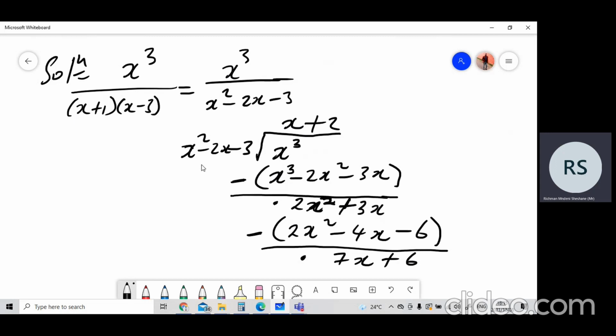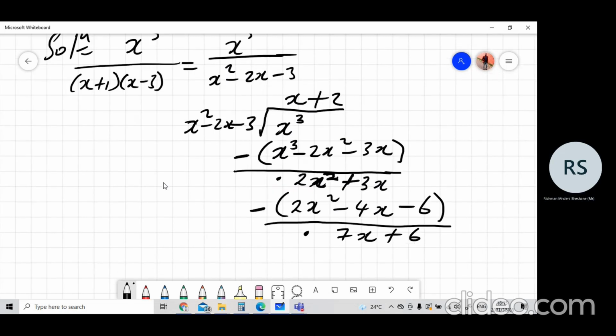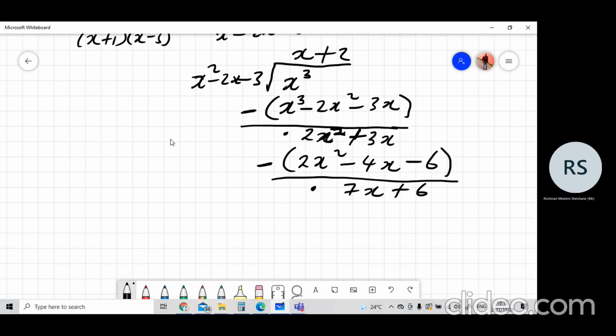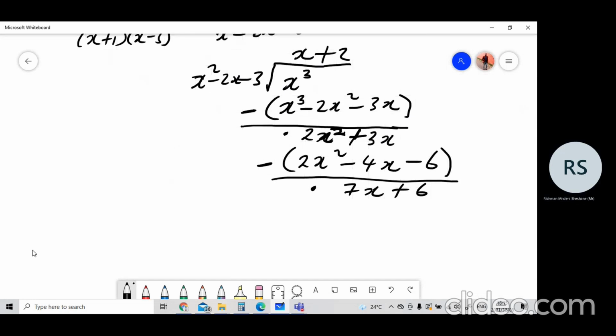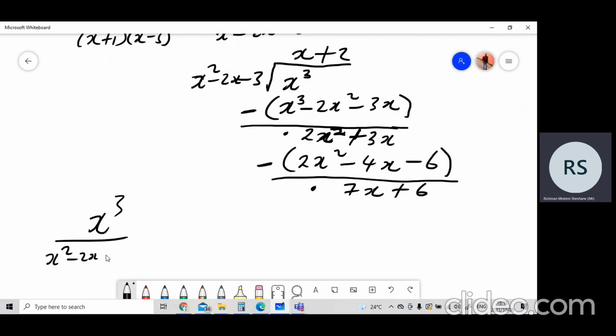So now, x to the power of 3 over x squared minus 2x minus 3. The answer by long division is x plus 2, and then plus the remainder.